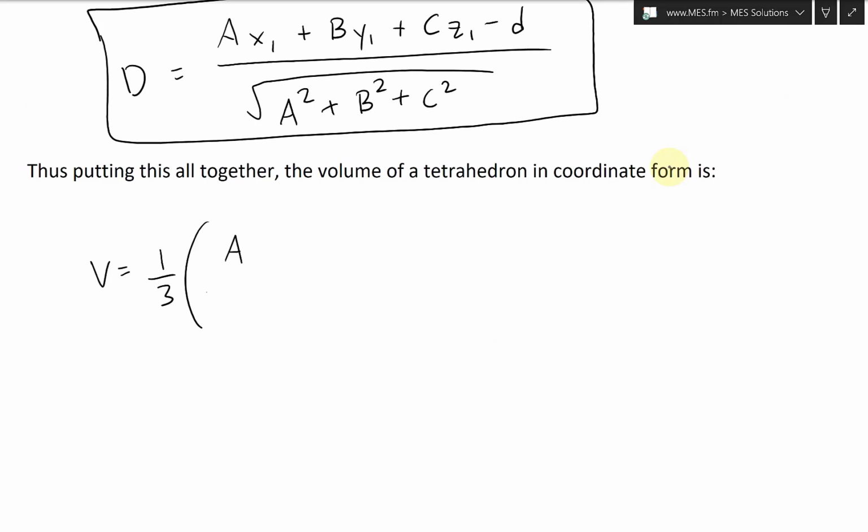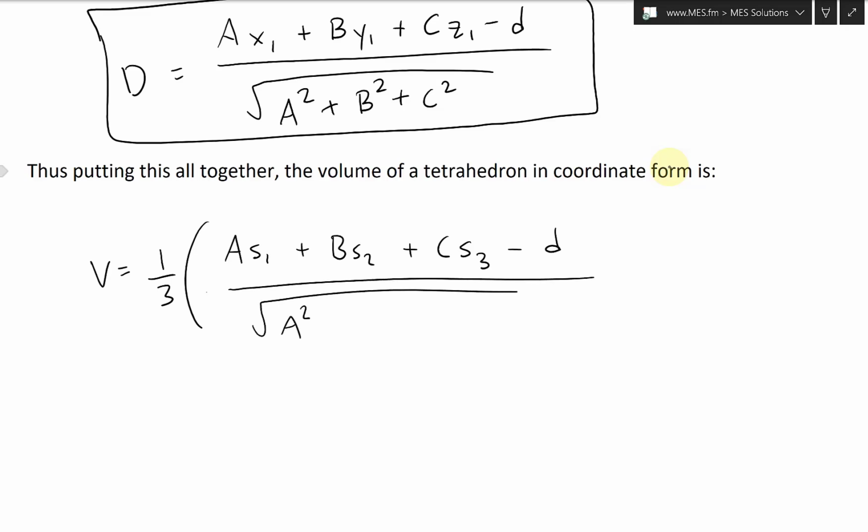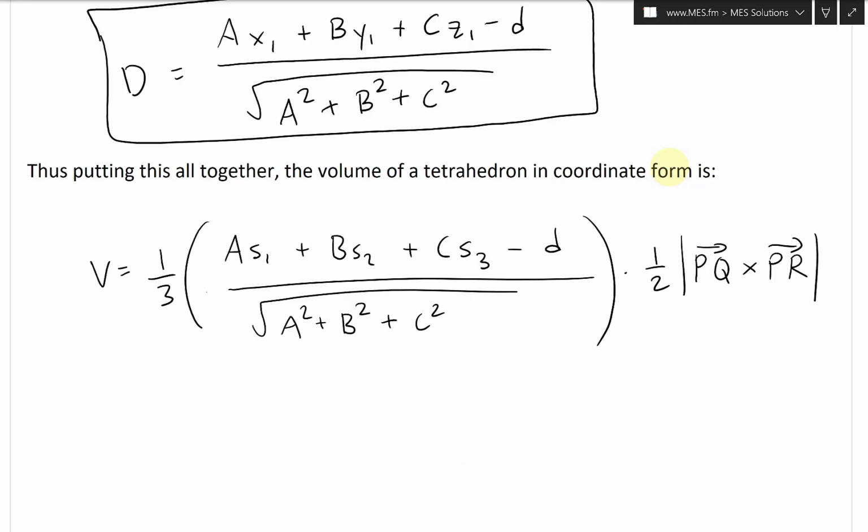So that's going to be a s1 + b s2 + c s3 − d, divided by the square root of a squared plus b squared plus c squared, and then the area of the triangle, which is 1/2 the length of the cross product PQ cross PR. And yeah, that's what we have.